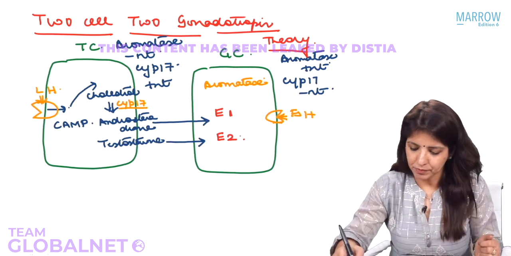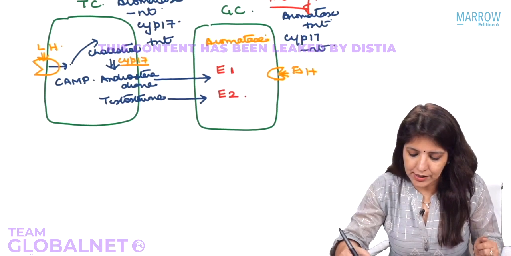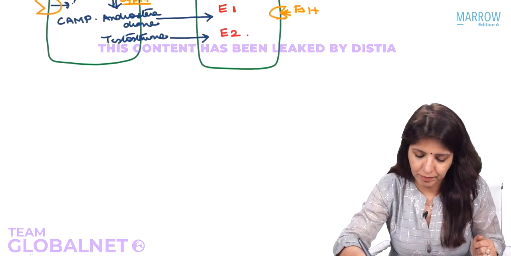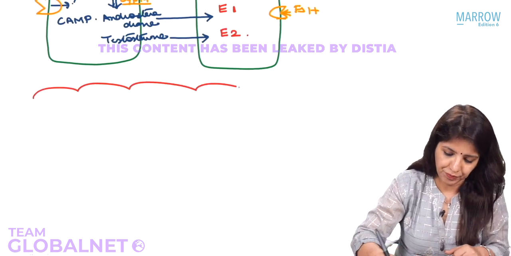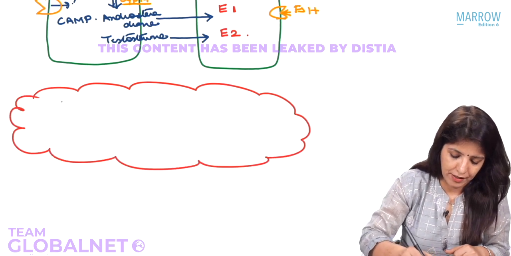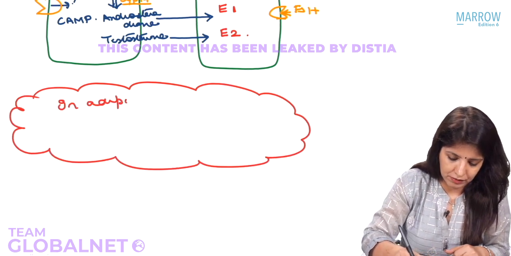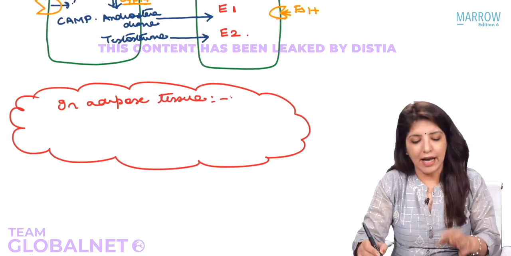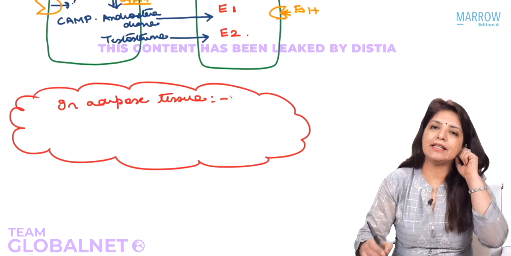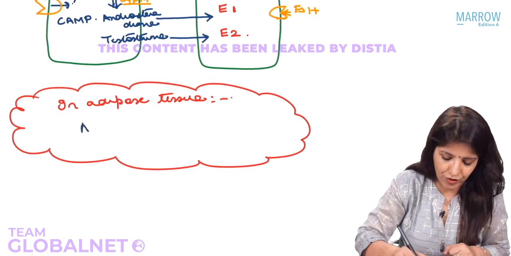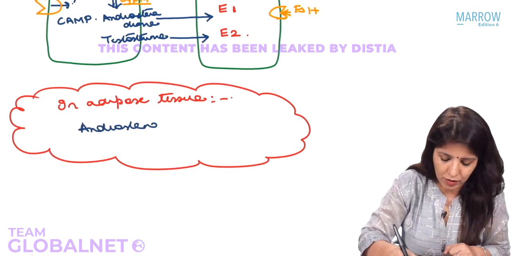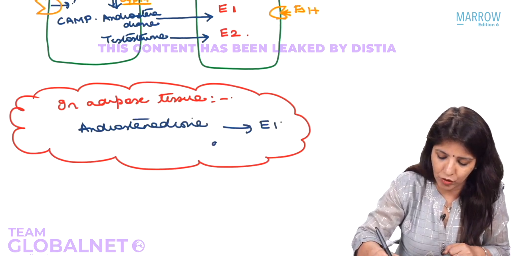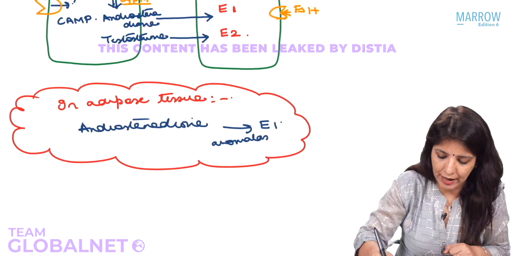Right? Now, this same reaction also occurs in adipose tissue. In adipose tissue, it is basically the androstenedione which gets converted into E1 with the help of the enzyme aromatase.